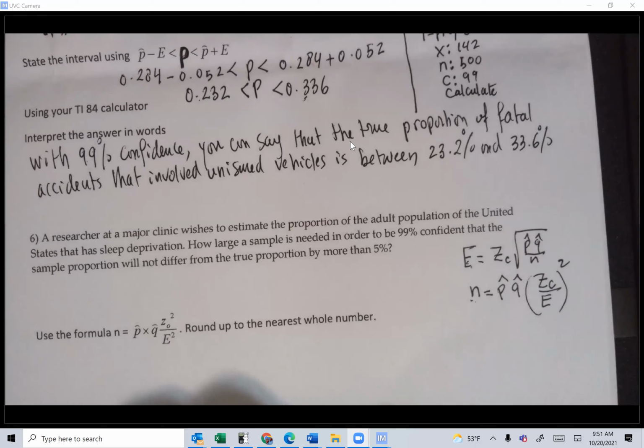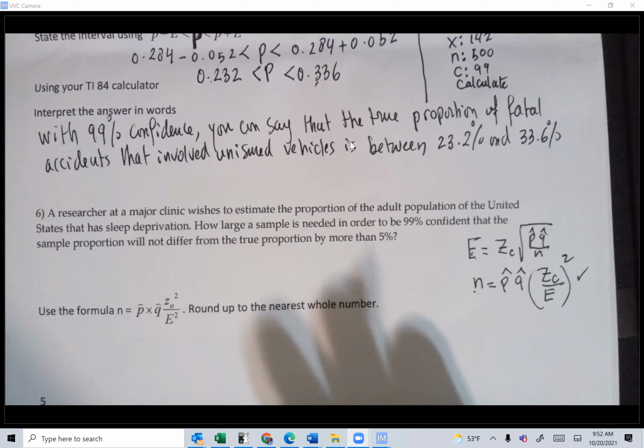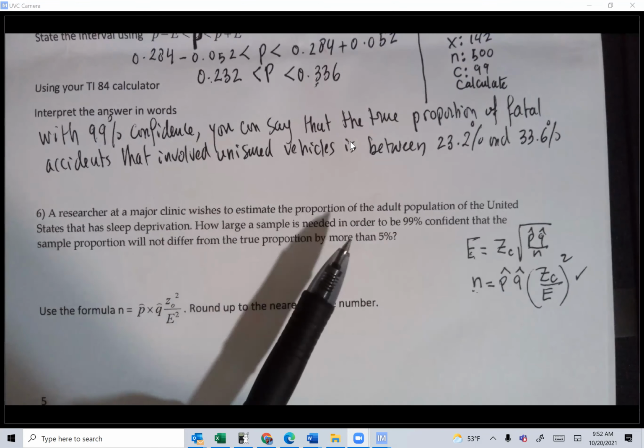The smaller the sample size, the more likely you're going to have lots of error. So it's important to figure out how many you should survey so you can minimize the margin of error. How large a sample is needed in order to be 99% confident that the sample proportion will not differ from the true proportion by no more than 5%?